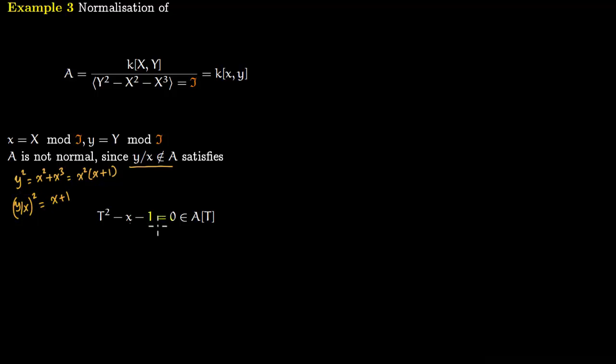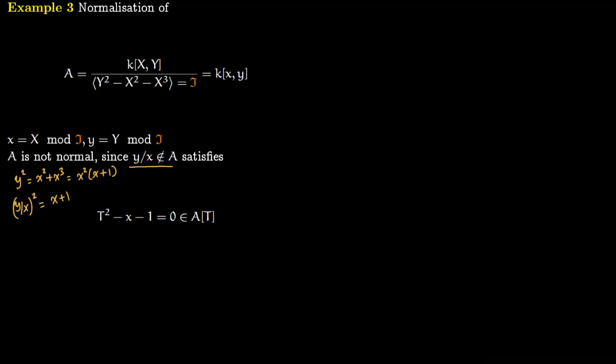This we are writing as t square. So you have t square minus x minus 1. Obviously you plug in y by x here, it satisfies this equation, and the coefficients, this x is taken from here. So A is not normal because y by x does not lie in A, but it satisfies a monic polynomial like this.